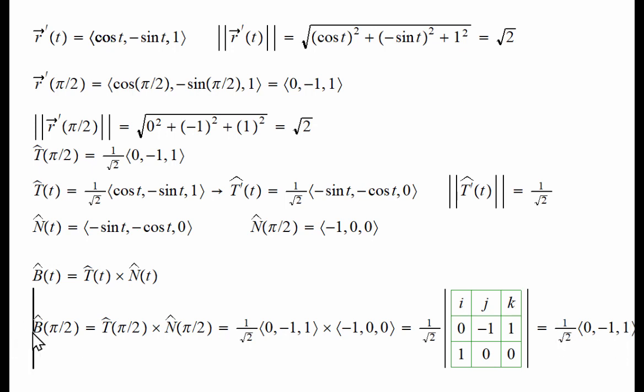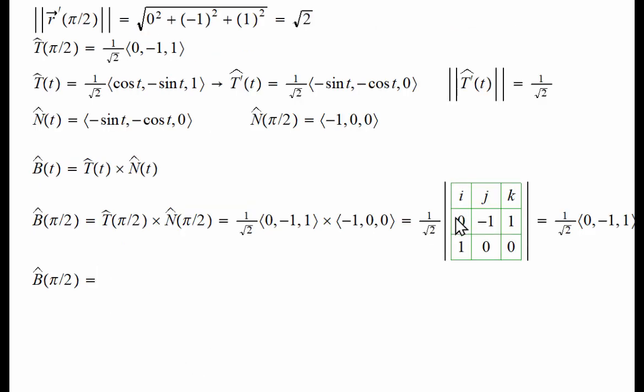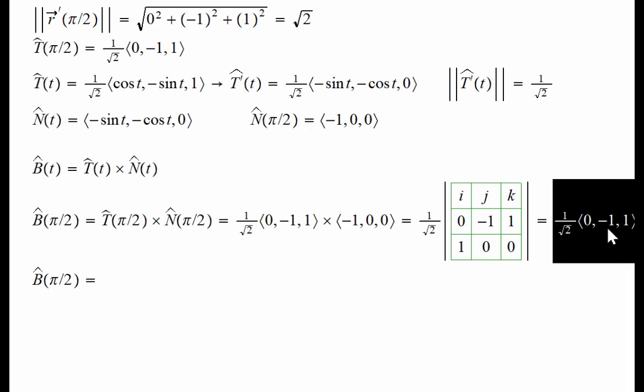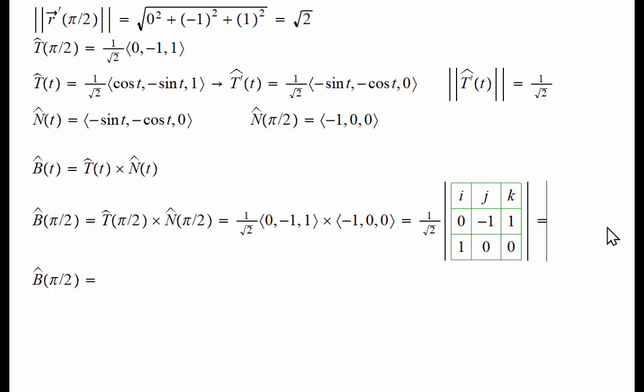So who will be our B at pi over 2? That will simply be 1 over square root of 2, 0, -1, 1.